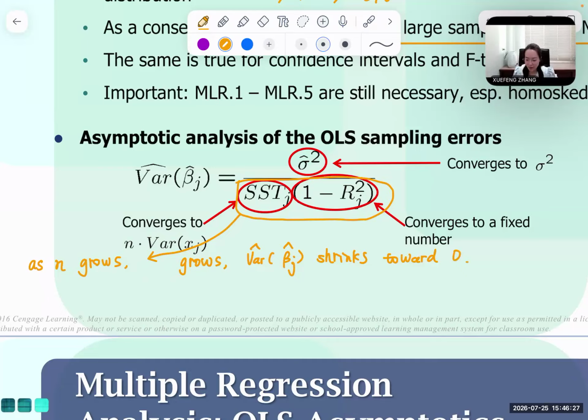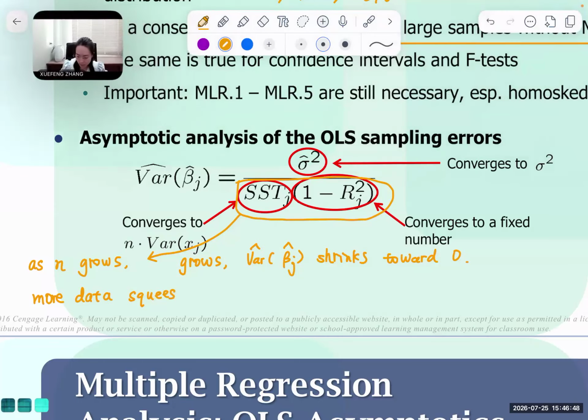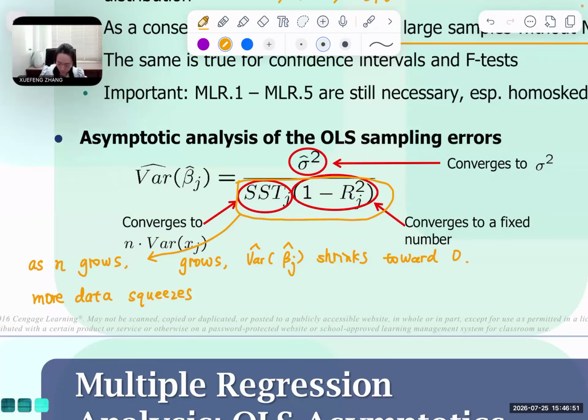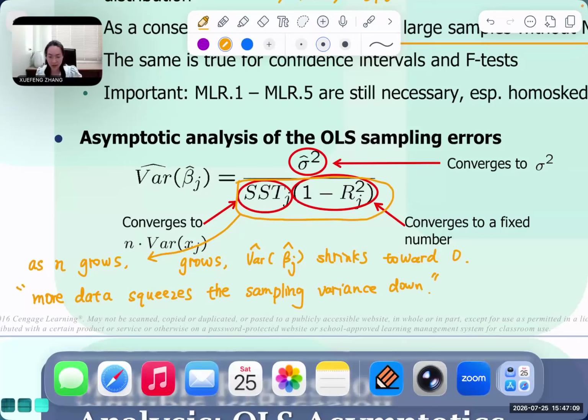If it shrinks towards 0, our estimates get more and more precise. All right, so more data squeezes the sampling variance down.